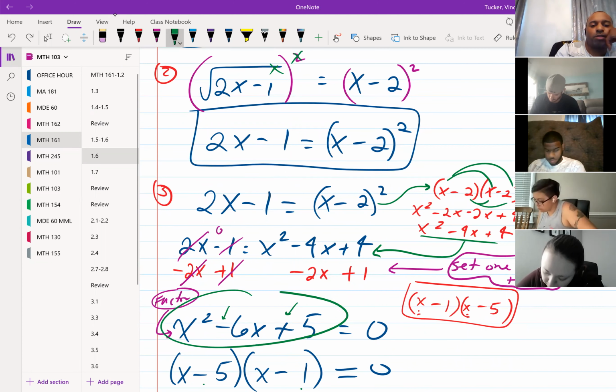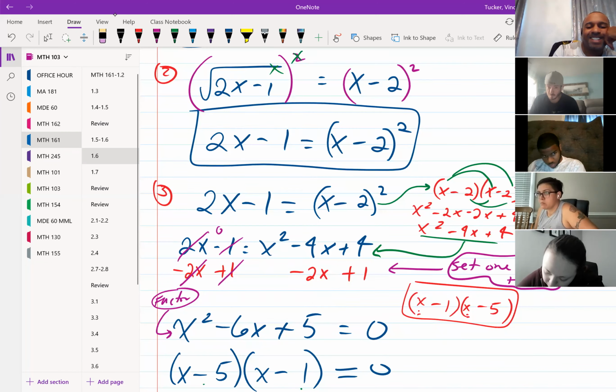That gives me x squared minus 6x plus 5 equal to 0. Once you're here, use your quadratic formula or factor. I went ahead and factored. That gave me x minus 5 and x minus 1.